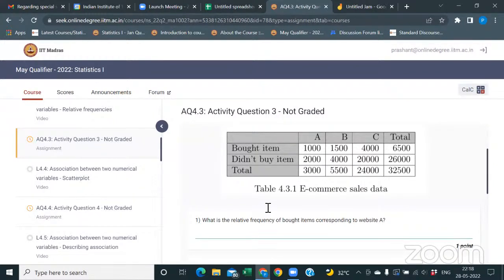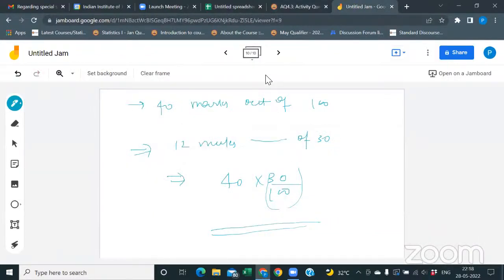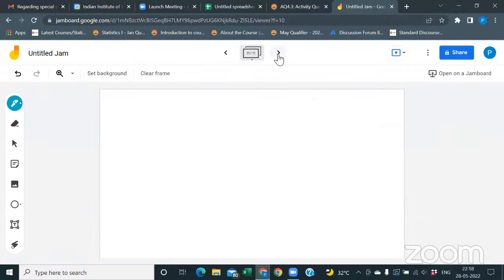Okay. What is the first question? It is asking what the relative frequency of bought items corresponding to the website A is. That means corresponding to the website A. A, B, C. There is bought item, did not buy.